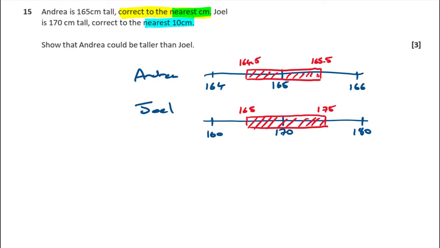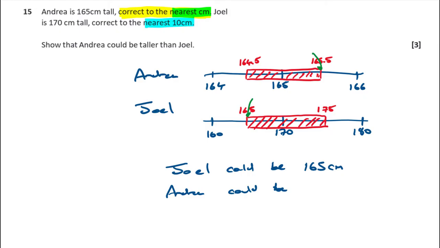Okay. Now let's assume that Joel is down at the bottom end of his possible range, down here. Then Joel could be 165 centimeters, and Andrea could be at the upper end of her range, couldn't she? She could be all the way up here.